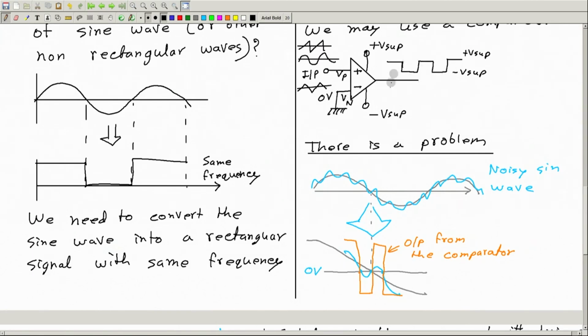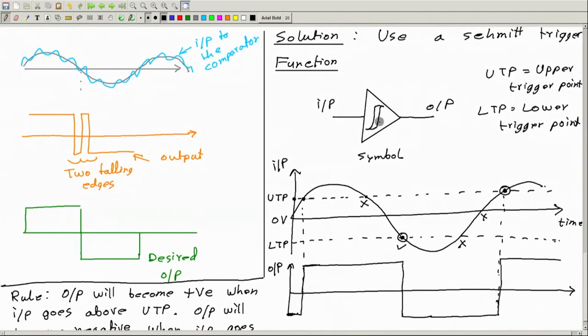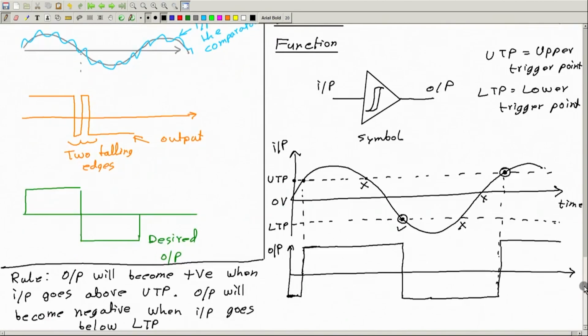So this compares the input with only one voltage level, which is 0 volt. This one compares the input with two voltage levels, upper trigger point and lower trigger point, depending on the current value of output. Okay, so I may also write a few more words.